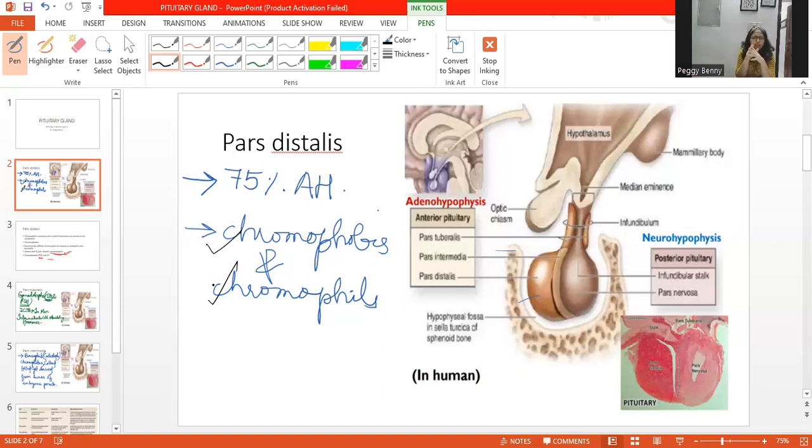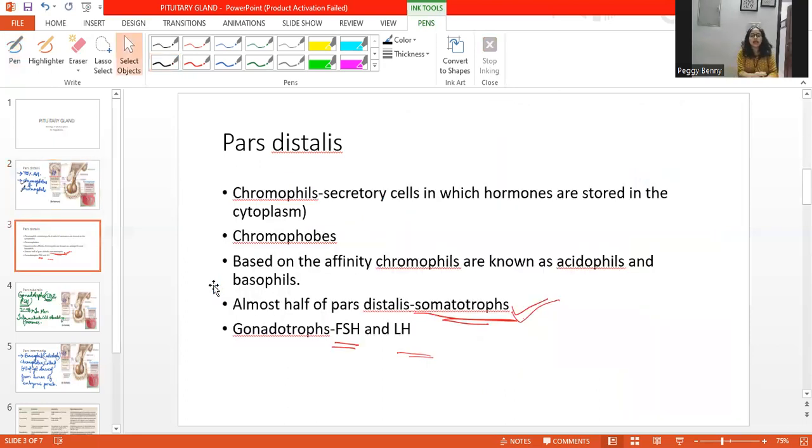There are two kinds of dyes we use most commonly: acidic dye and basic dye. Among chromophils, the cells that have affinity towards the acidic dye are known as acidophils, and those that have affinity towards the basic dye are known as basophils.